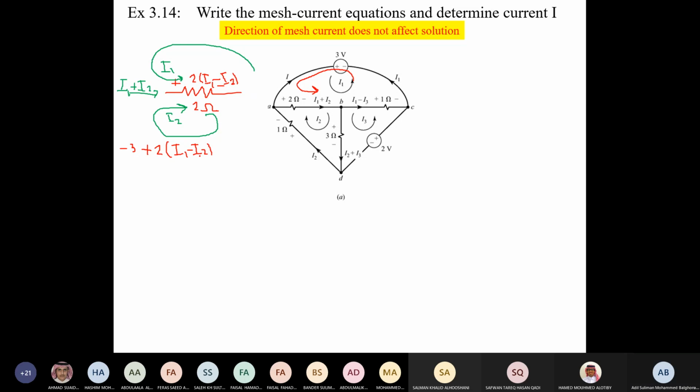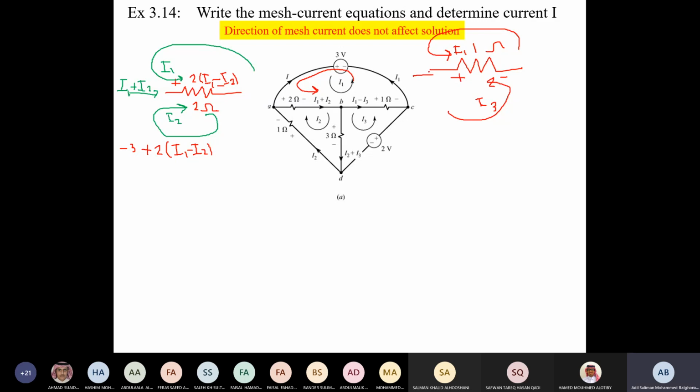Now I continue. I come to the 1 ohm, the same thing. This is the 1 ohm. We have I1 coming like this, and I3 now coming like this. This is I3. If I put the polarity here, plus minus voltage drop, I'm flowing with the mesh current I1.